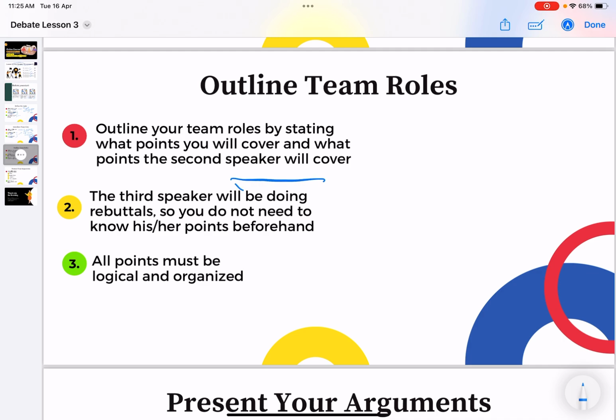Your second speaker, because you're doing the rebuttal, sometimes, even if you do not have stronger points, but if you do a very good rebuttal, you might be able to mask whatever things that you're not strong at. But for the first speaker, your points will be heard, because everyone is paying attention to the first speaker. The second speakers are a bit different because you're doing rebuttals.